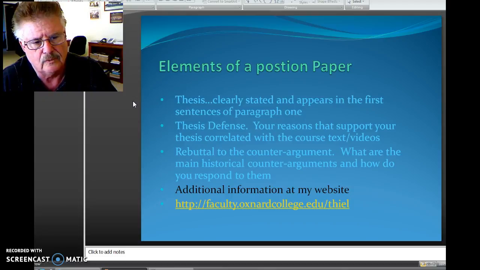You've presented reasons that support that thesis based on what the jury saw in the trial, and maybe some of your own creative examples that help cement that thesis. But you can't ignore that there was a whole other argument in the room. It was the argument by the defense that, in fact, the defendant is innocent, or at least not guilty beyond a reasonable doubt. And so you have to respond to that.